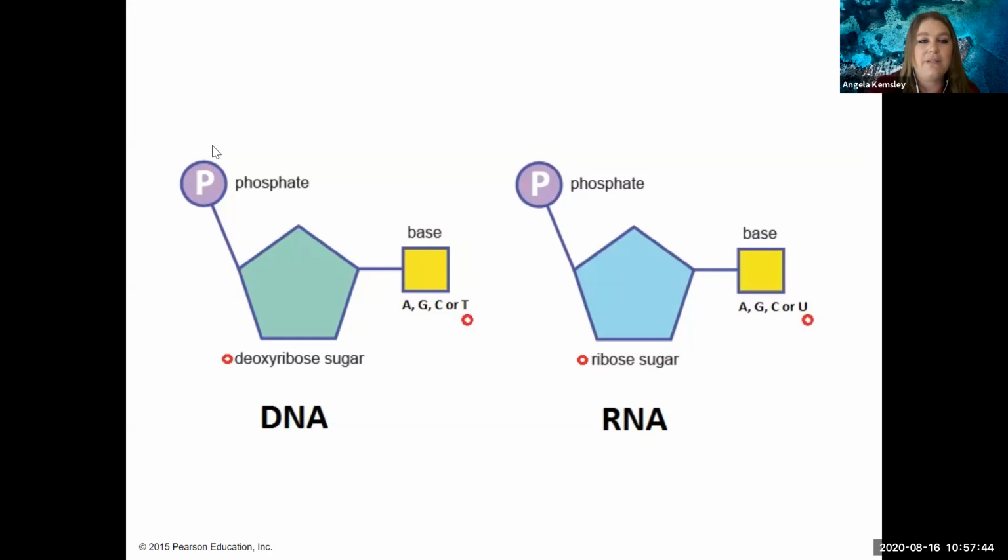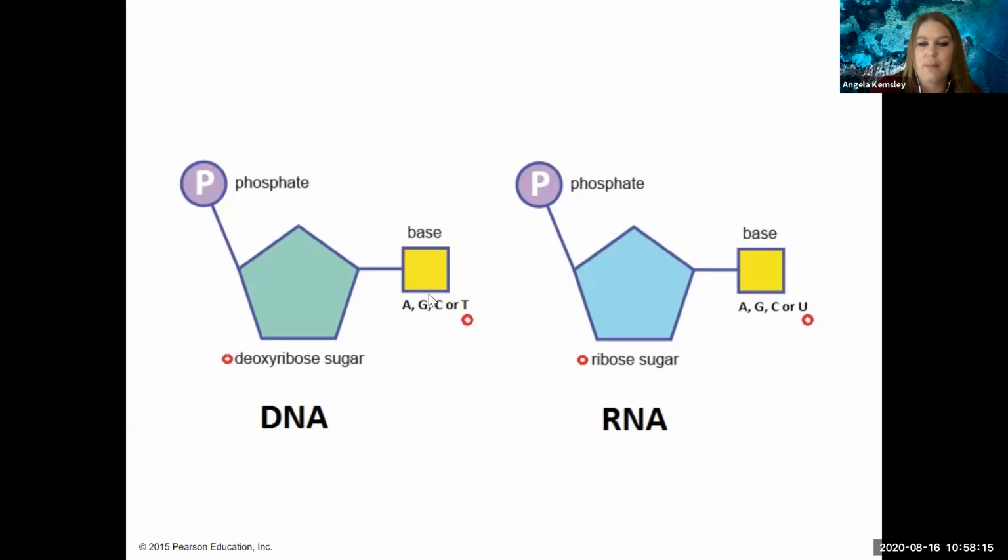They both have a phosphate, they have a sugar, and they have a base. The phosphate group is going to be the same. Remember our phosphate groups from earlier in the lecture. So the phosphate group of both DNA and RNA is going to be the same. The sugar is going to be different. They both have a sugar, but DNA has a type of sugar called deoxyribose, whereas RNA has a type of sugar known as ribose. And then they each have a base.